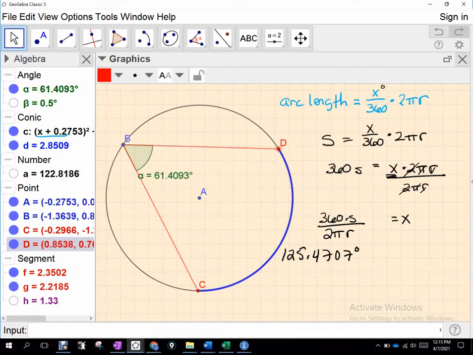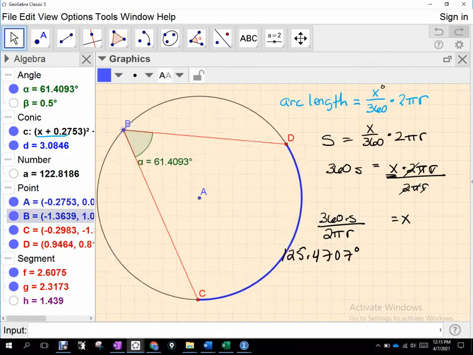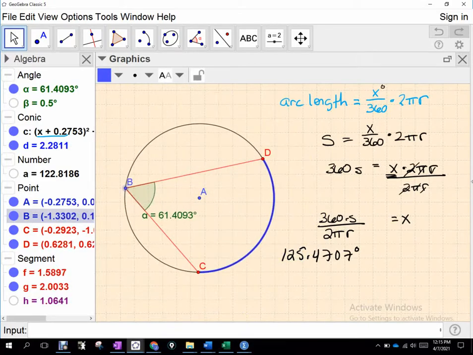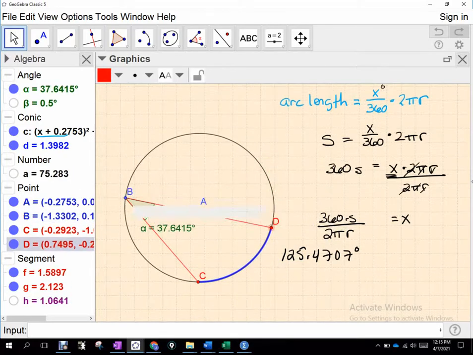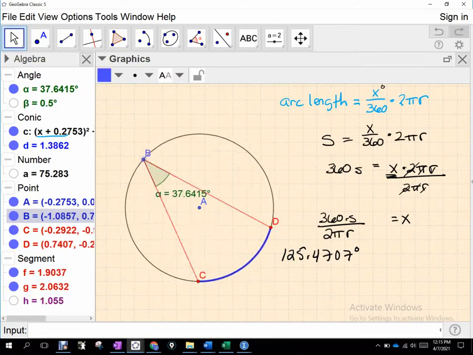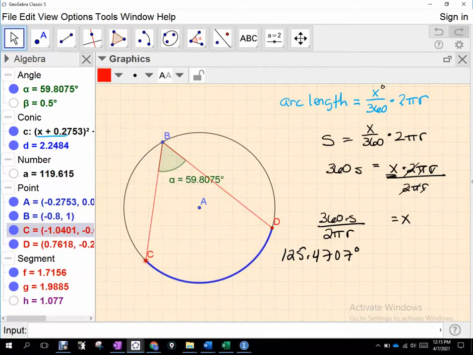That make sense? So this arc measurement in degrees is always twice as big as our inscribed angle. And it does not matter how big the circle is or how big the arc is. Always at that 1-to-2 ratio.